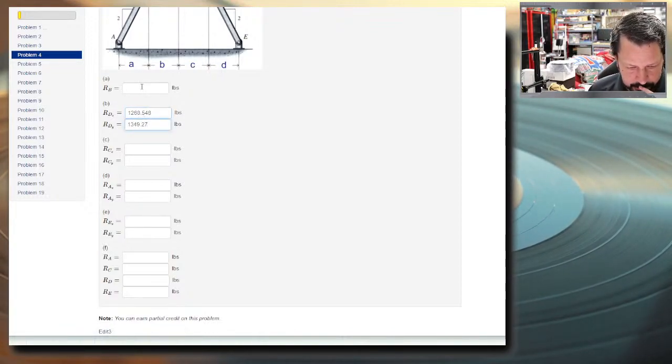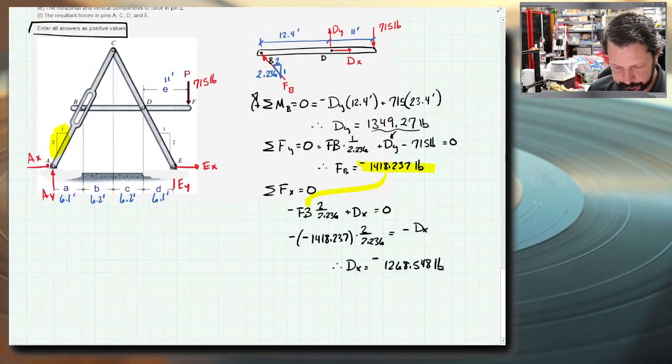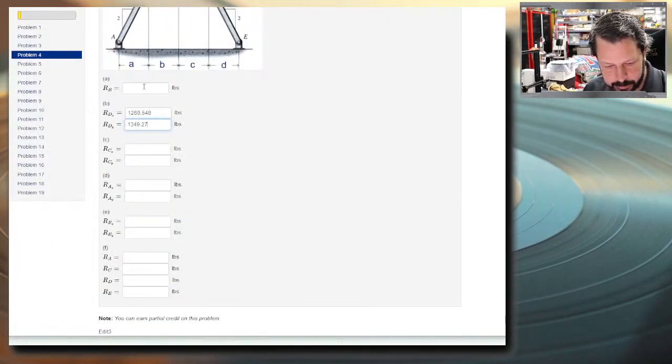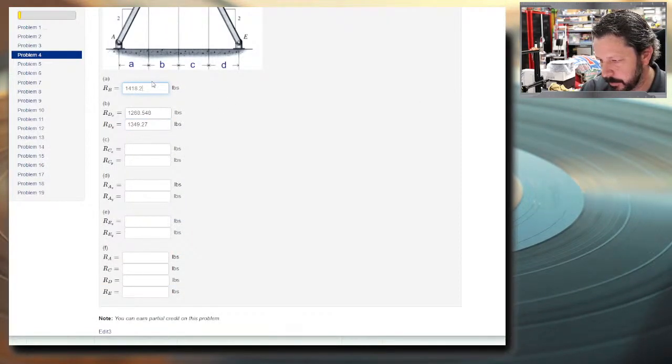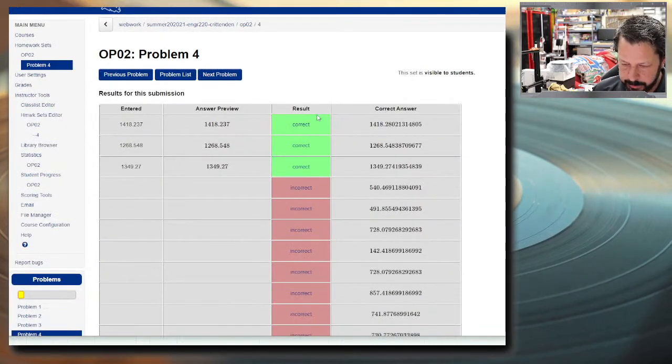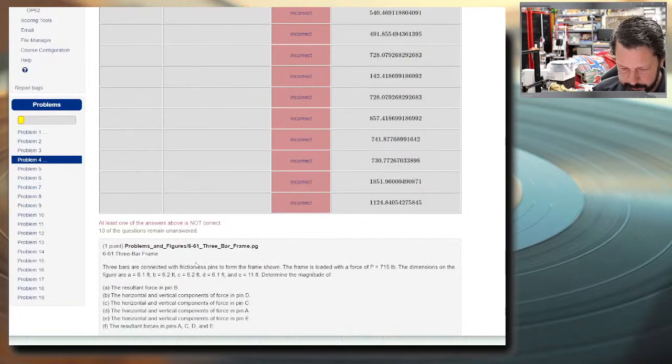We didn't do, oh wait, we did do RB, didn't we? Oh, we called it FB. 1418.237. And we haven't done any of these others. Let's see if it's going to give us any credit for these. Yeah, we got them all right. Good job.